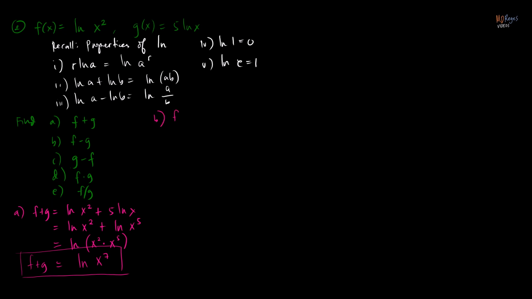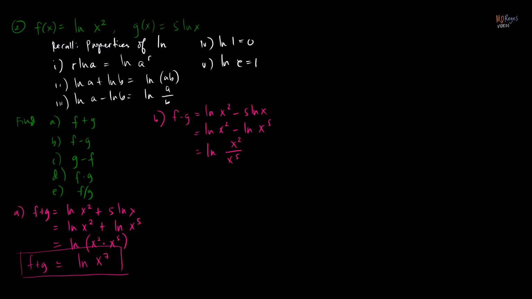In letter B, f minus g is f of x minus g of x. So that's ln of x squared minus 5 ln of x. Again, applying the first property in the second term, we'll have ln of x squared minus ln of x to the fifth. Then applying the third property that says ln of a minus ln of b equals ln of a over b, where a again is x squared and b is x to the fifth, this will give us ln of x squared over x to the fifth.